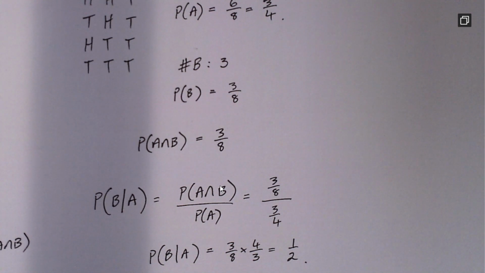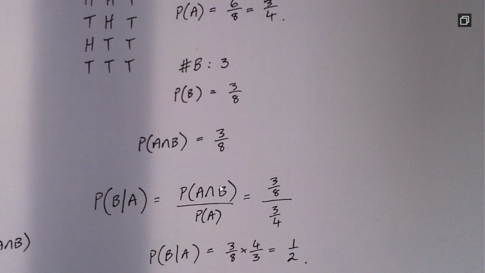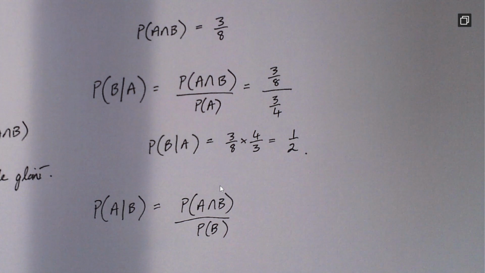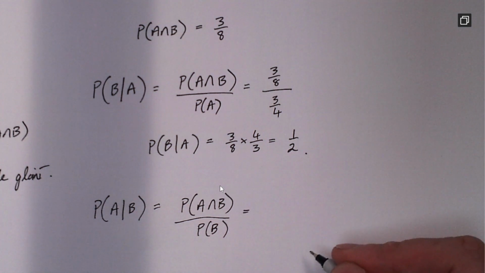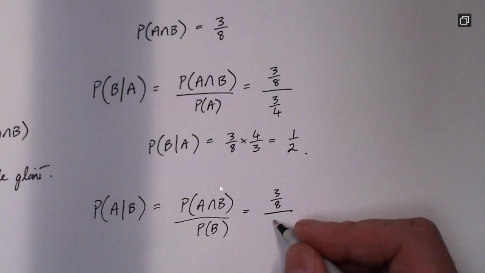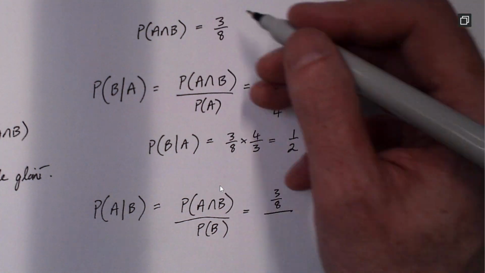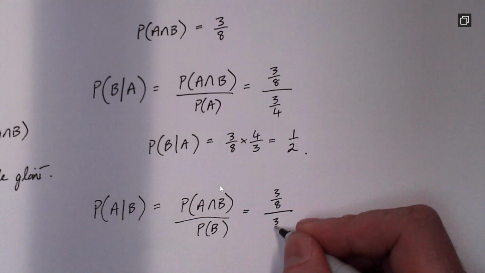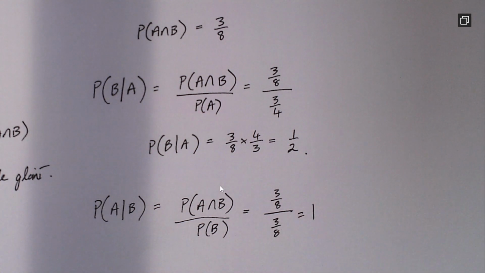So we have the probability of A given that B has occurred, which is equal to the probability of A intersection B divided by the probability of B. A intersection B is 3 over 8 and the probability of B is 3 over 8, which is equal to 1. So it's guaranteed to happen.